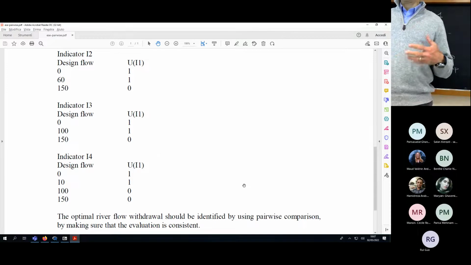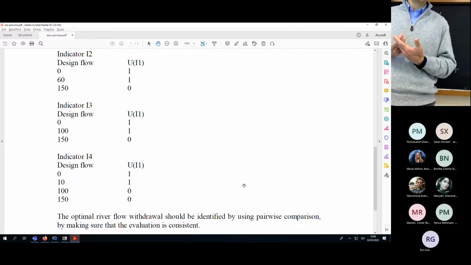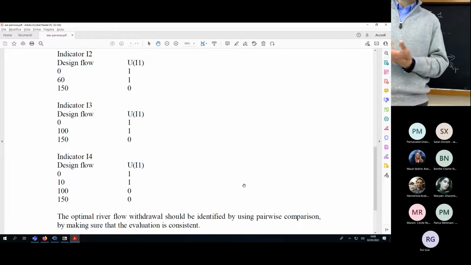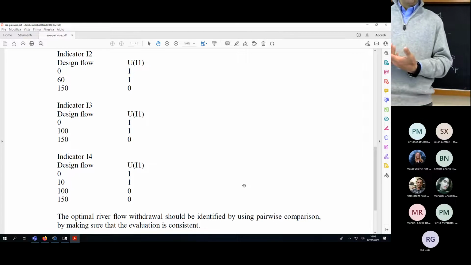Now, we have these utility functions that basically what they do is to rescale in the range 0, 1 the assessment of the performances of each alternative in terms of design flow.